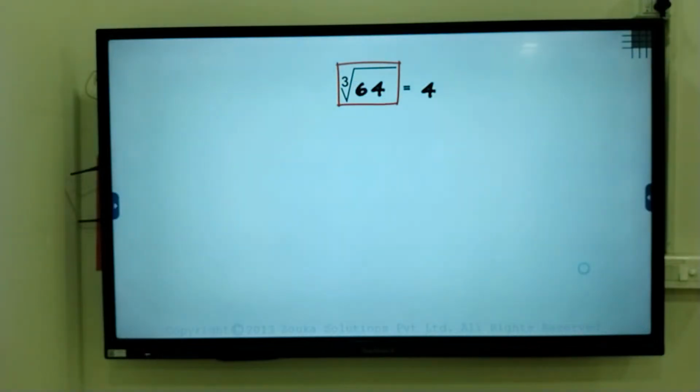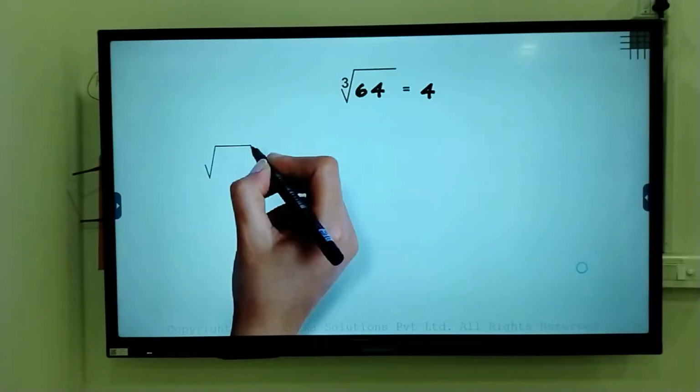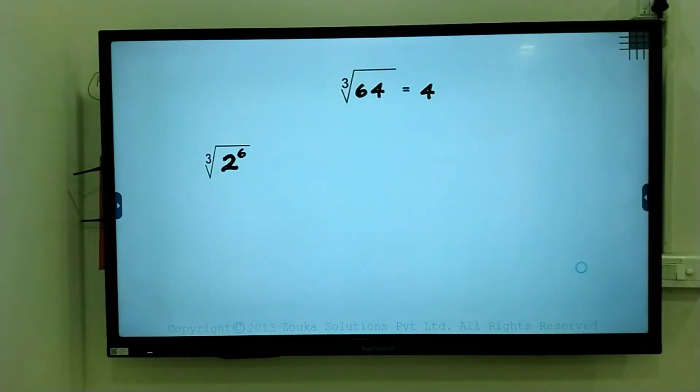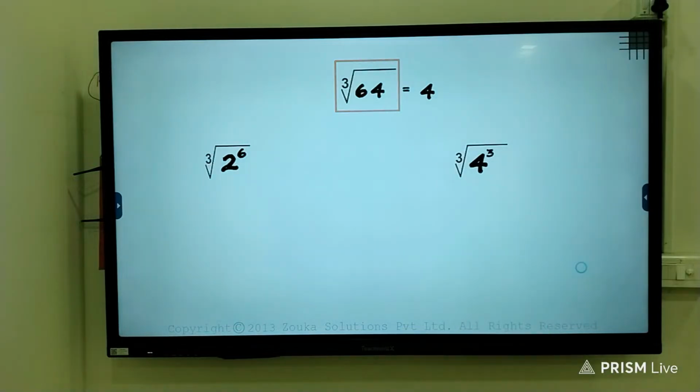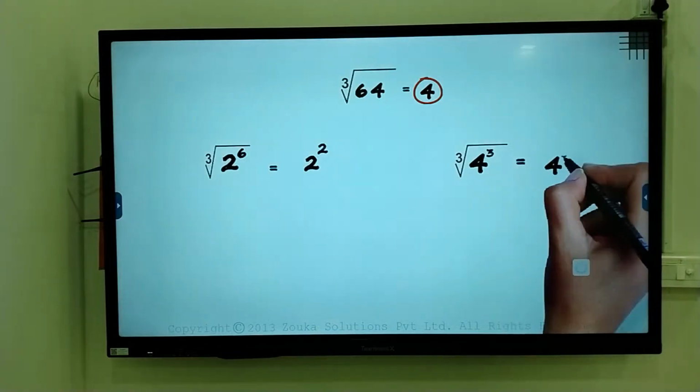Hence, cube root of 64 can be written as cube root of 2 raised to 6. We can also write 64 as 4 cubed. Hence, we write this as cube root of 4 cubed. Now let's try writing 4 in an exponential form. 4 can be written as 2 squared. Hence, this would equal 2 squared. And of course, it can also be written as 4 raised to 1.